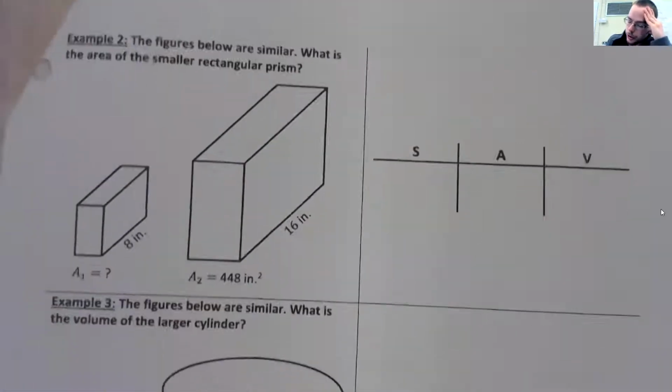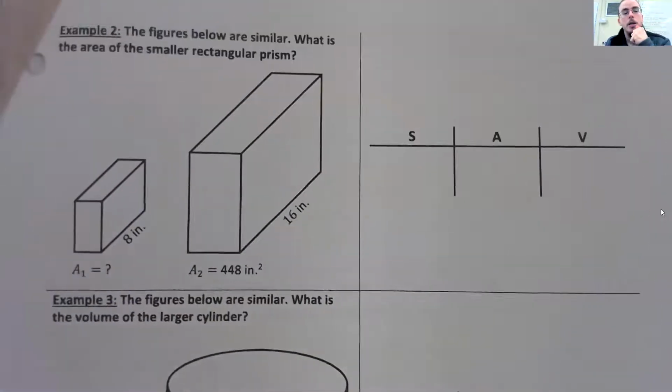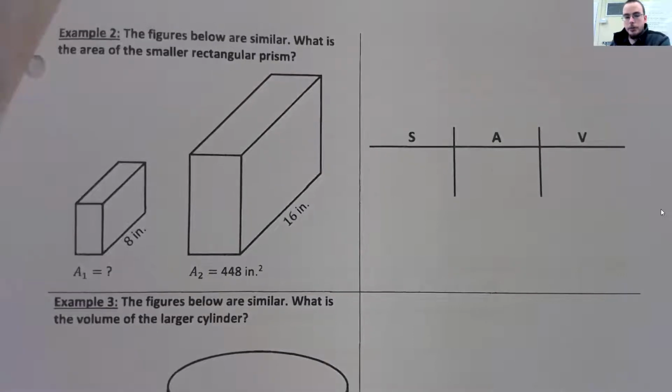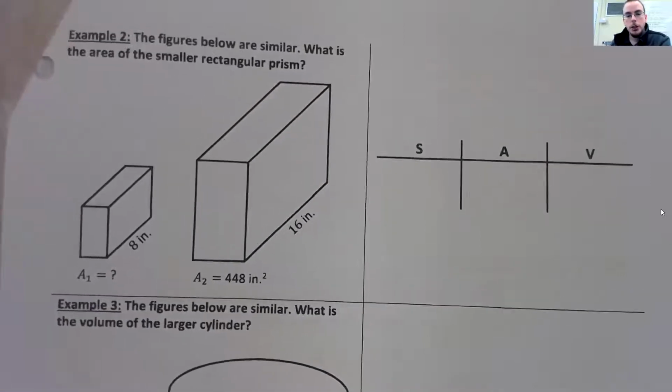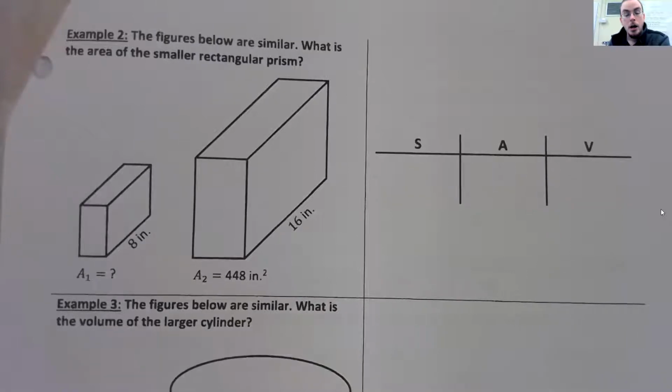Okay, so we're just going to do the first 2 examples here. Example 2: the figures below are similar. What is the area of the smaller rectangular prism? It wants us to find the area, so we need to know the ratio of the areas first. To do that, we need the ratio of the sides. Are there 2 sides here that we can use?